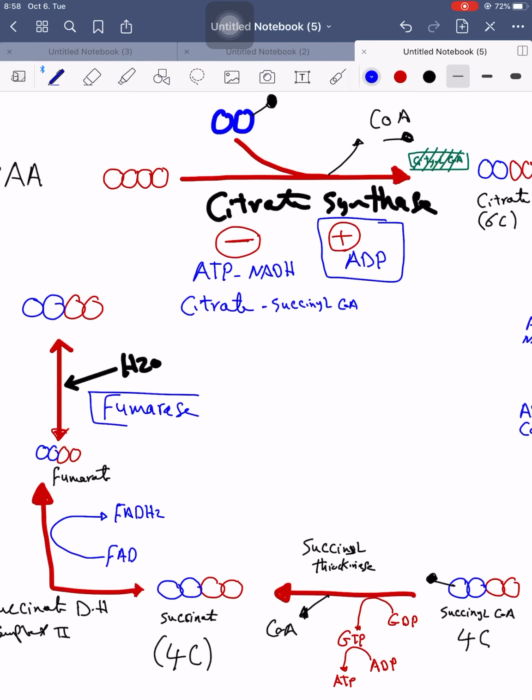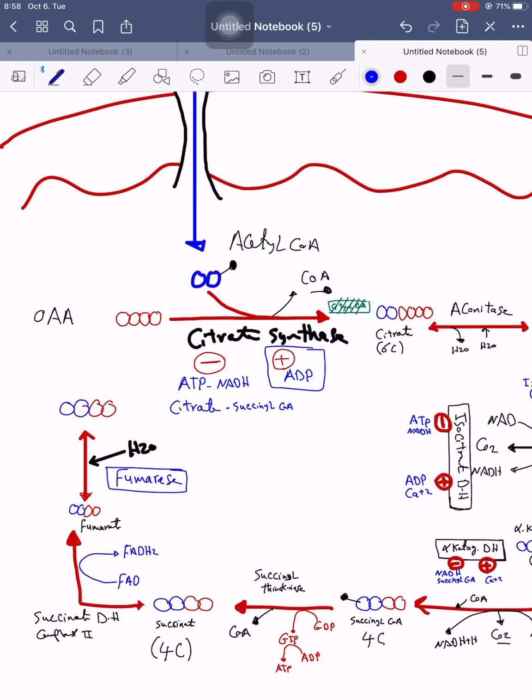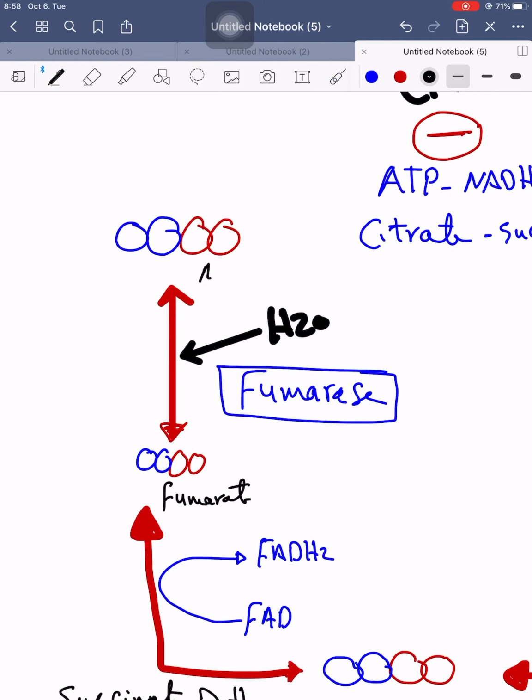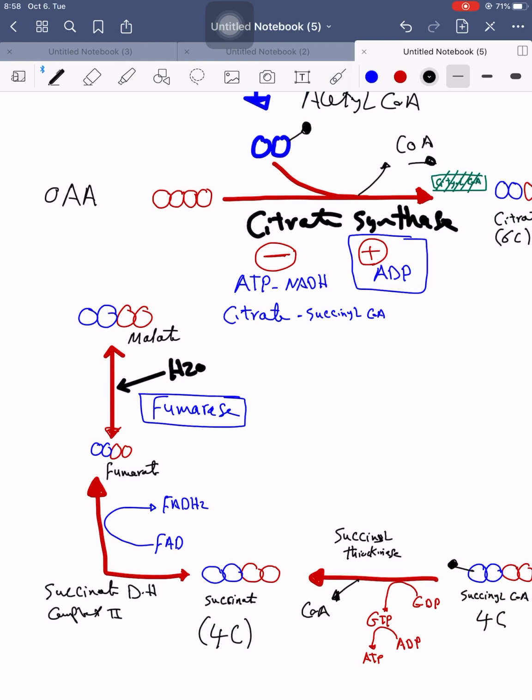So we have the fumarase enzyme which makes hydration for fumarate to produce malate. And from malate, which is 4 carbon, will convert to oxaloacetate. And please remember, here we're also producing NADH. So NAD will be reduced to NADH, or we make an oxidation for malate.